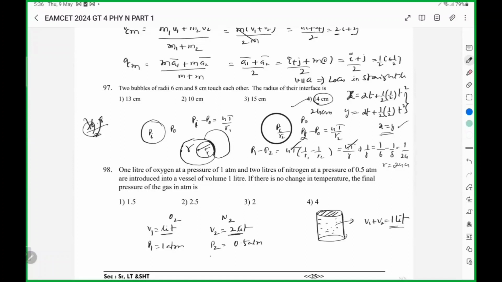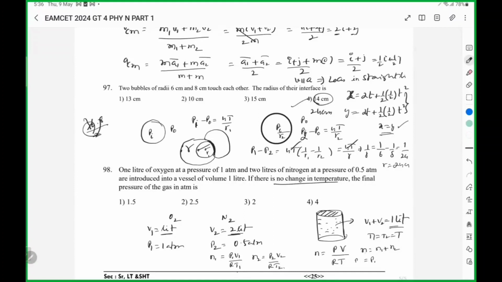So the number of moles of gas will not change. N1 is P1 V1 by RT1, N2 here is P2 V2 by RT2. So effective mole will be PV by RT, because there is no change in temperature, T1, T2 is T, then N becomes N1 plus N2.